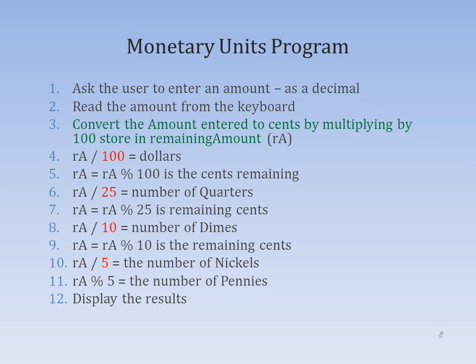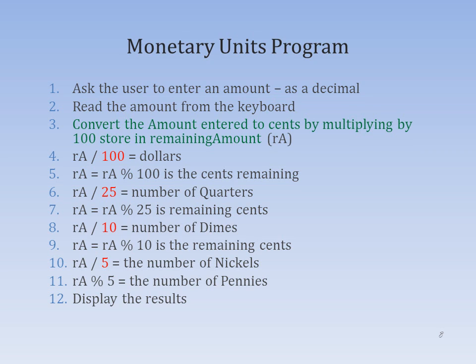So whatever cents I have, if I divide by 100, that gives me the number of dollars I have. And then in step 5, if I take the remainder of dividing by 100, that gives me the remaining cents. And then repeat this. The next denomination is quarters.